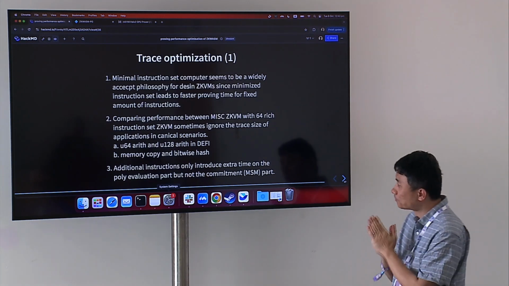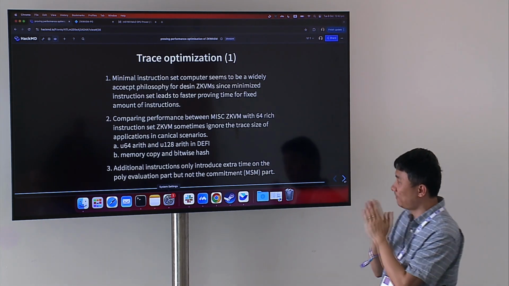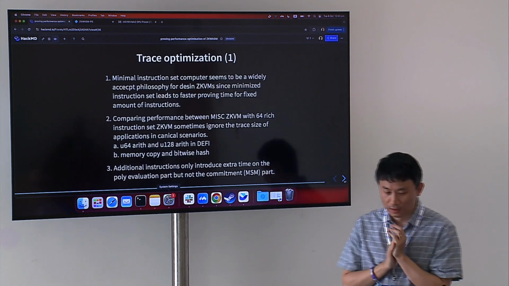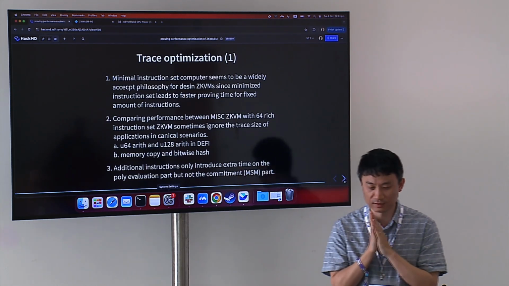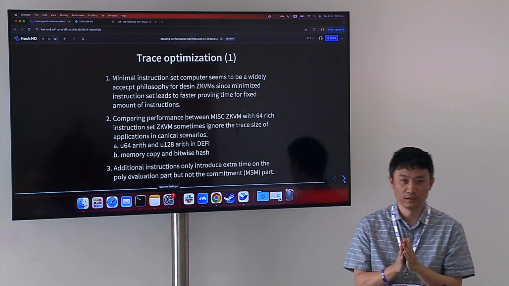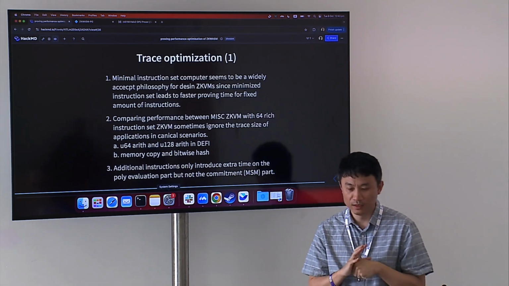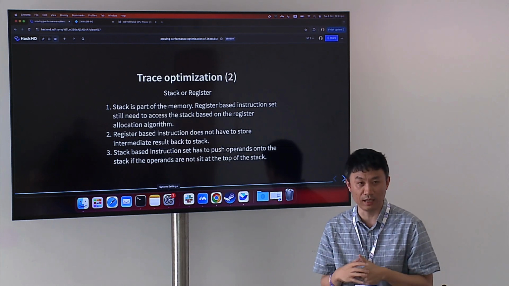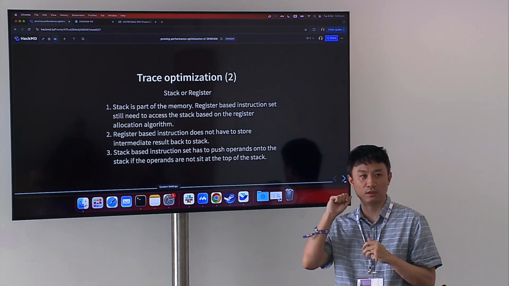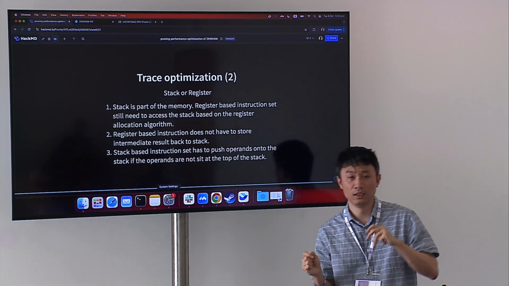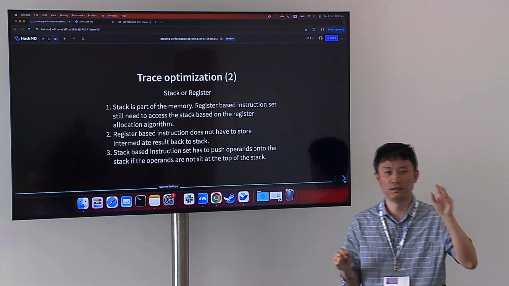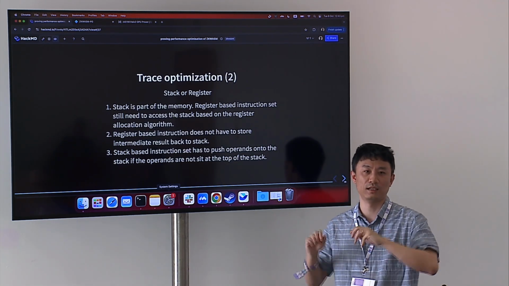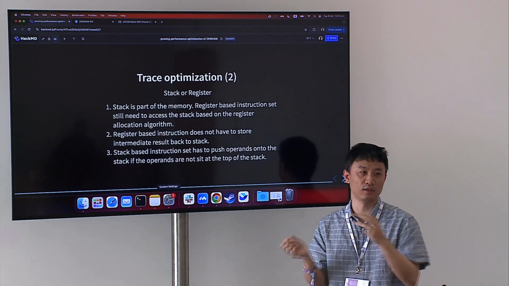But actually, we can save more by removing things like stack operations. Just imagine that in a register-based VM, every time you have to do an operation, you load something from memory and put it into the register, do the operation, and then store it back.